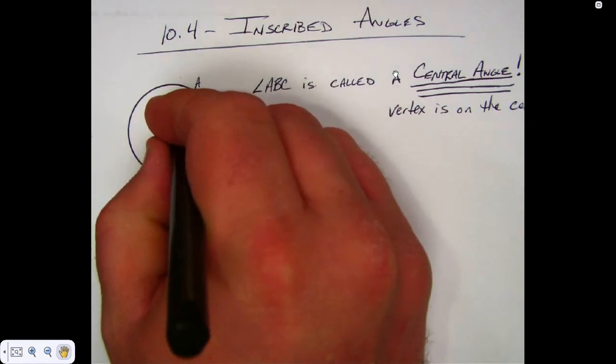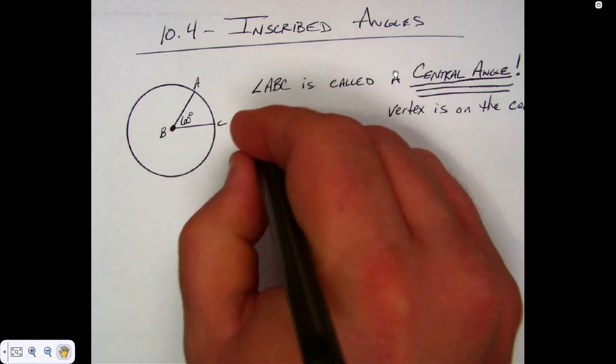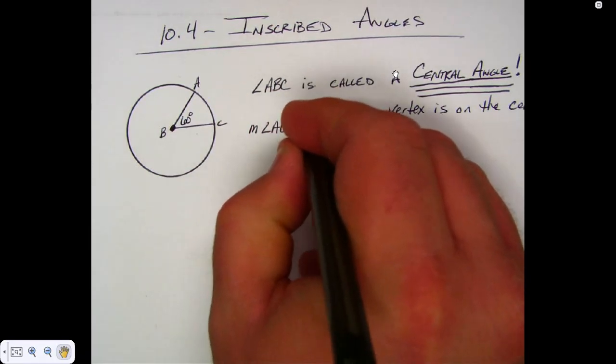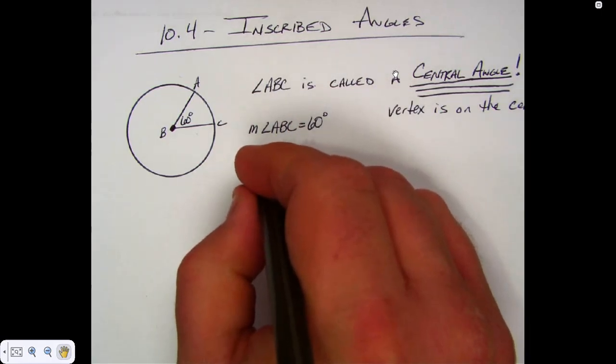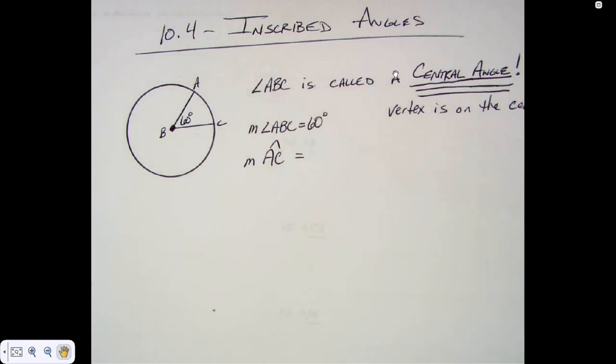If the measure of angle ABC is equal to 60 degrees, the measure of arc AC is equal to what? 60 degrees.